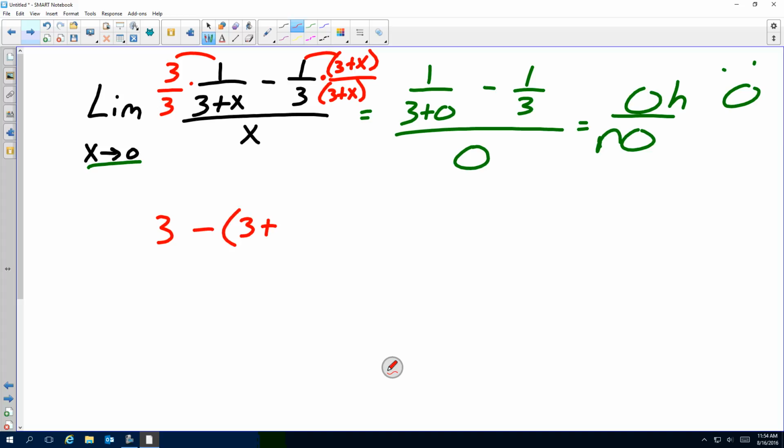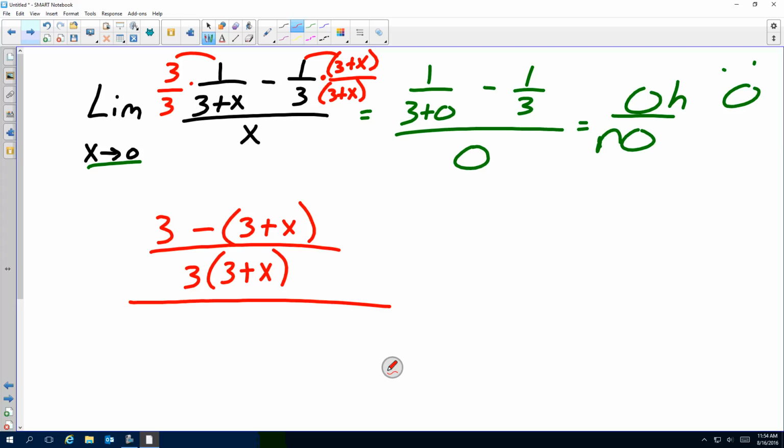So 3 plus x. And then now our denominator, I'm just going to leave it very rustic looking, and just say 3 times 3 plus x. That's all it really is, correct? And the whole thing is still, don't forget this x, the whole thing is still being divided by x. Okay? Well, let's take care of this.